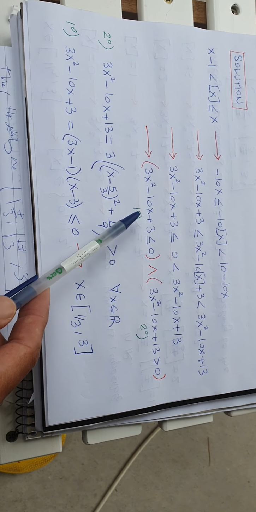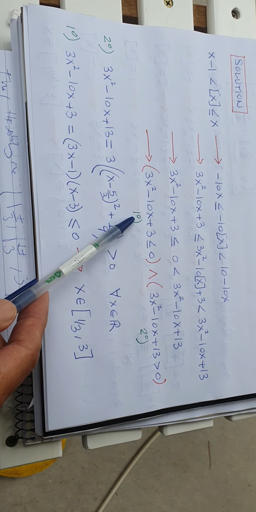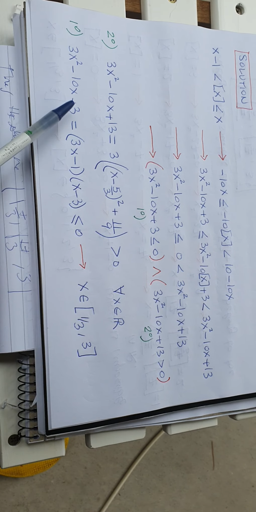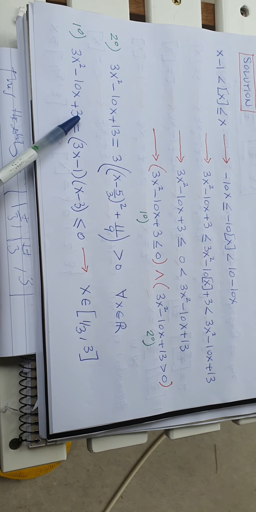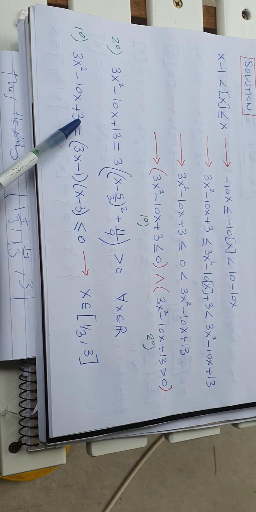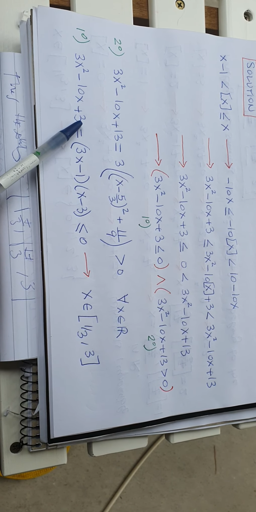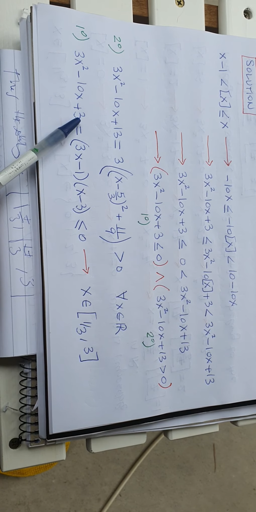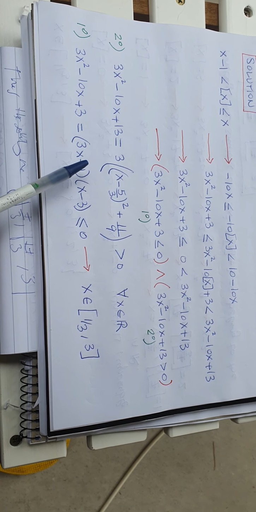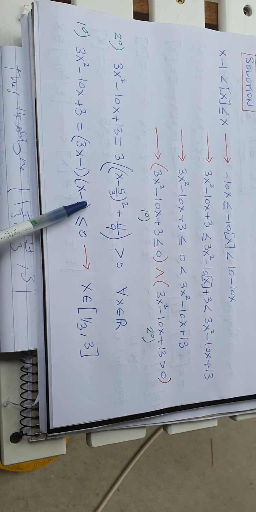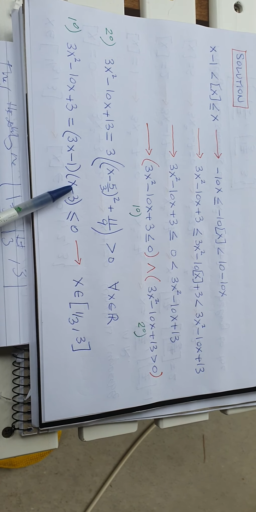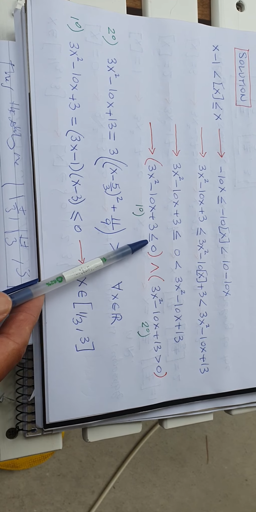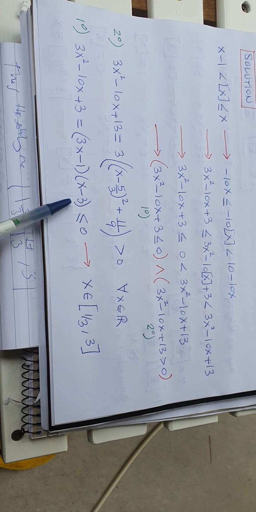Now, going back to inequality number 1, the left-hand side here is a second degree polynomial, so we know that we can factorize it. And this is no match for us. So it is factorized in this way, and we want it less than or equal to 0.